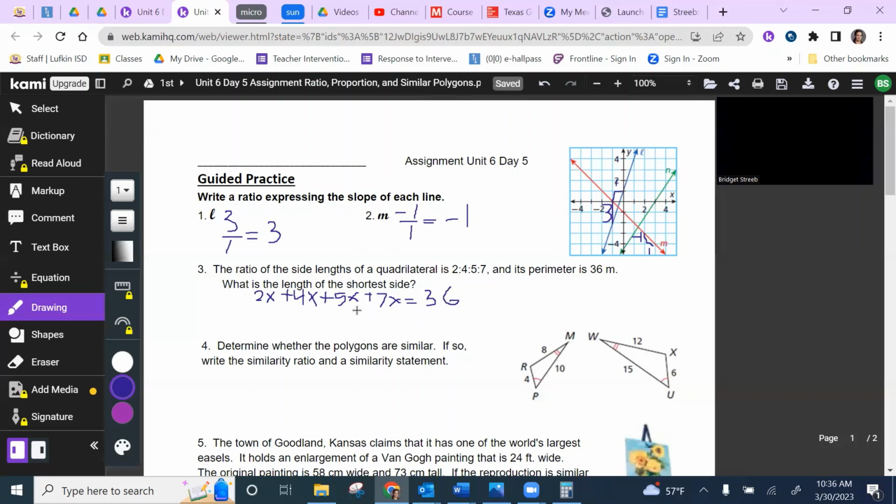Then we're going to combine our like terms. That gets us 18x equaling 36. And then we're going to divide by 18. This gets us x equaling 2.